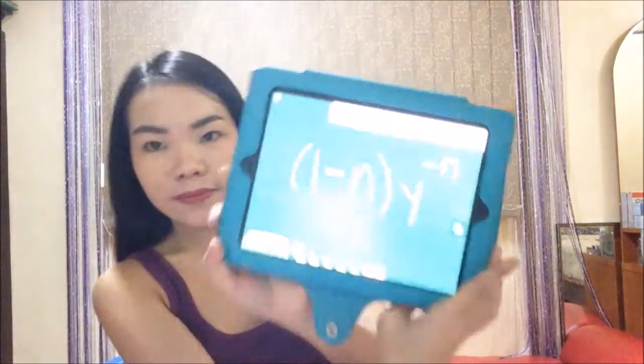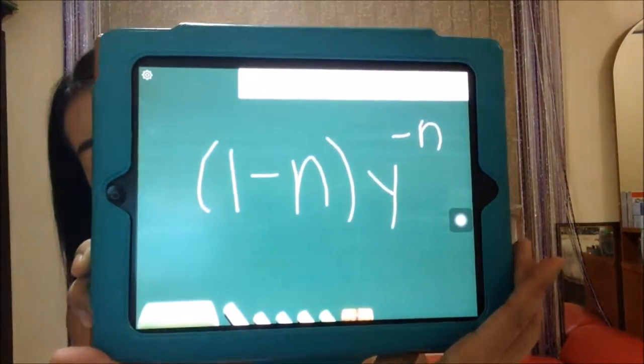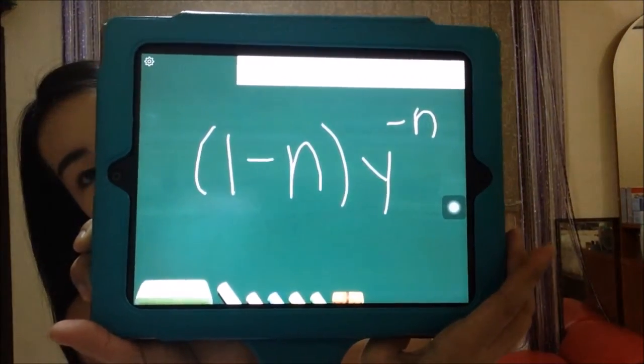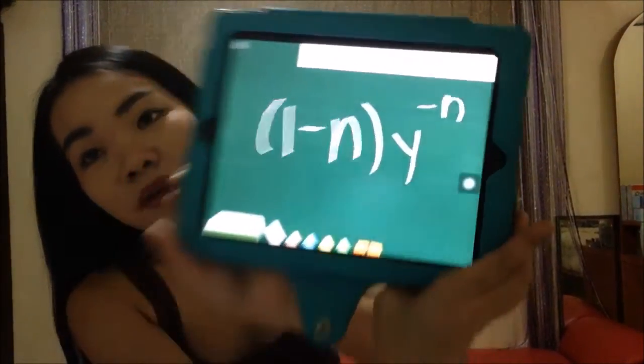And this is the variable. I'm going to write it. There: 1 minus n times y raised to negative n. That's the variable you can multiply to the Bernoulli's equation to make it into a linear equation.